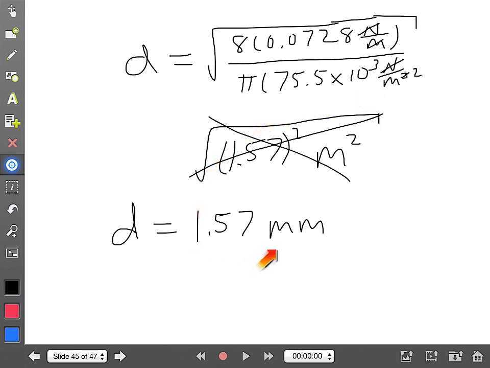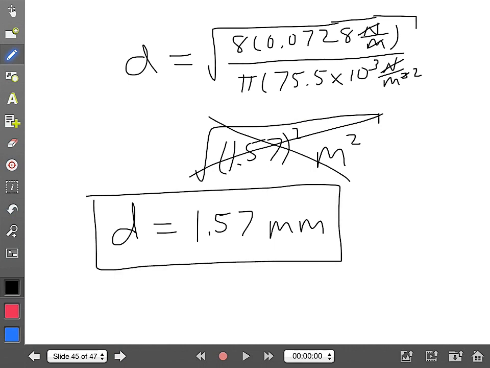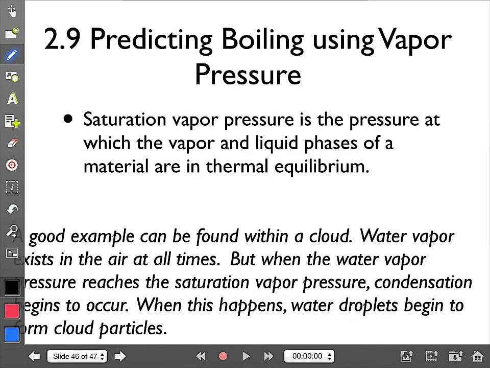And if we convert to millimeters, we get this for our answer. So we can have a fairly large size pin that can be supported on water by the surface tension, the stretched membrane of the surface.